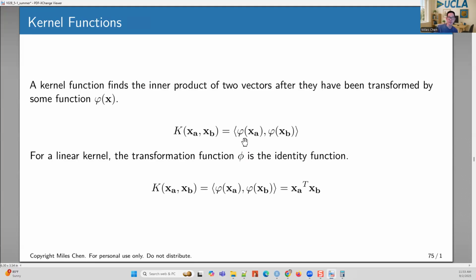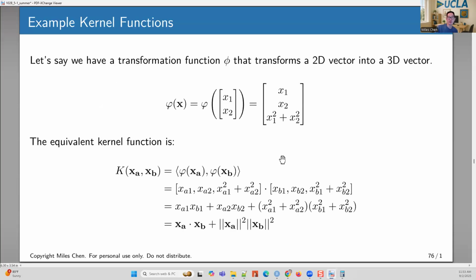Then we take the inner product, and that will be our kernel function measure. If you don't transform it, with a linear kernel, the phi function is the identity function, and so you can just do x_a transpose x_b.